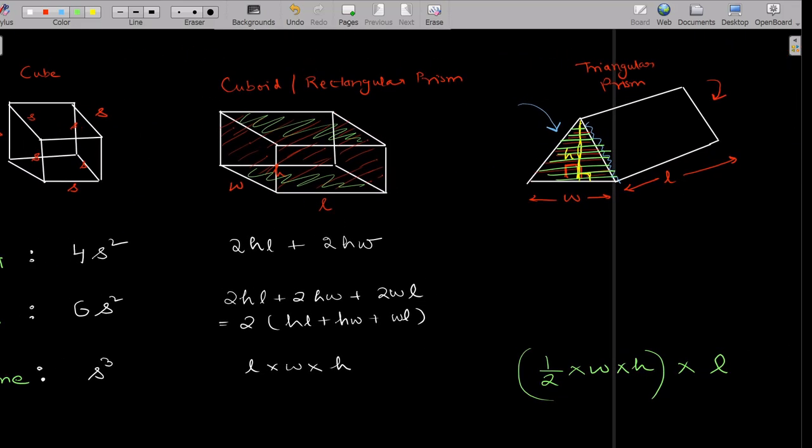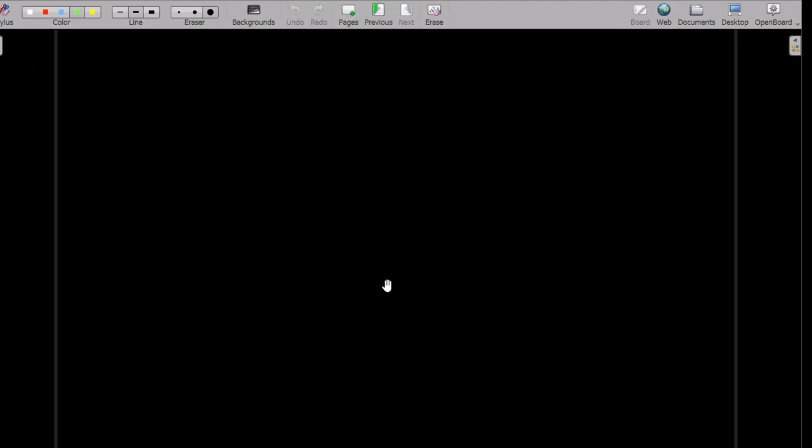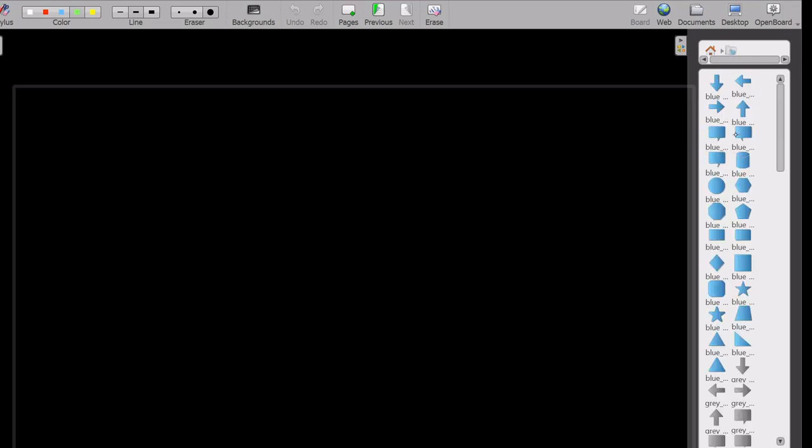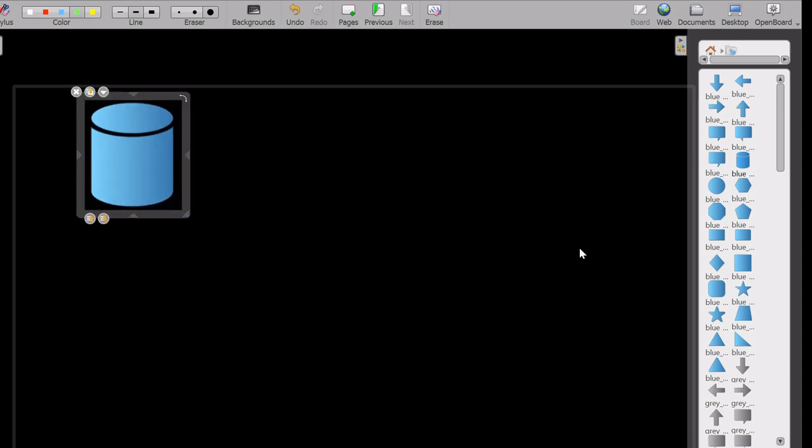Now let's do the surfaces which have circular bases. The first one we'll take is the cylinder.